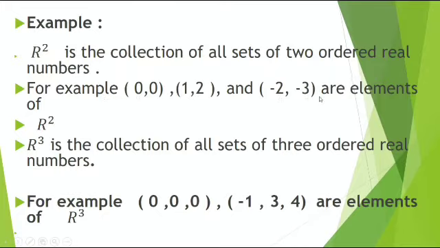The vector space R^2 is usually represented by the x-y plane. Also, R^3 is a collection of all sets of three ordered real numbers. We have (0, 0, 0) and (-1, 3, 4) as elements of R^3.